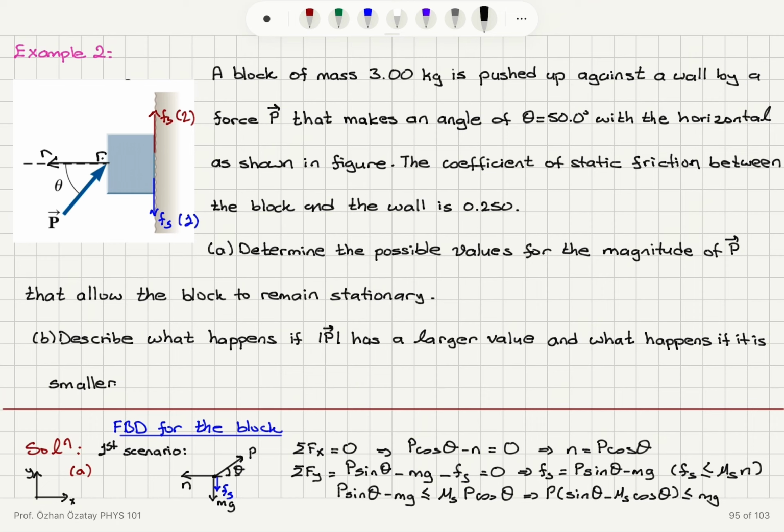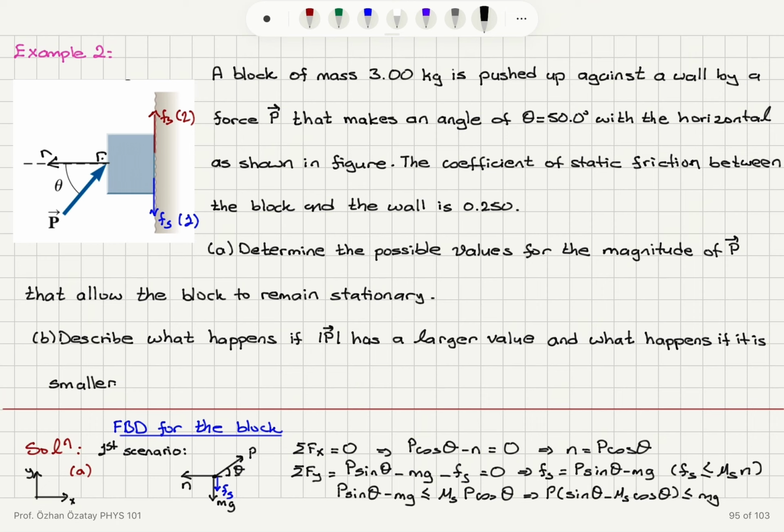So considering these two different scenarios and taking into account the fact that the friction force is bound to be less or equal to mu s times N, where the normal force was found to be P cosine theta because it balances the x component of P to have no motion on the x-axis.